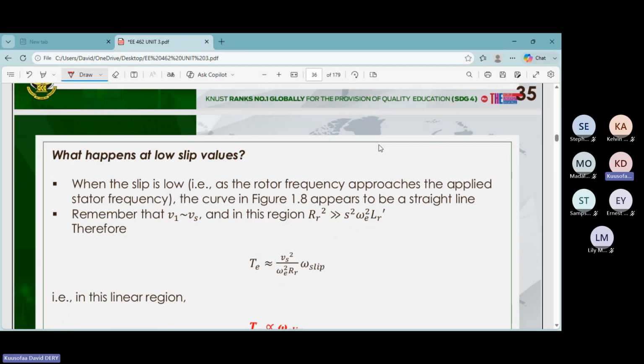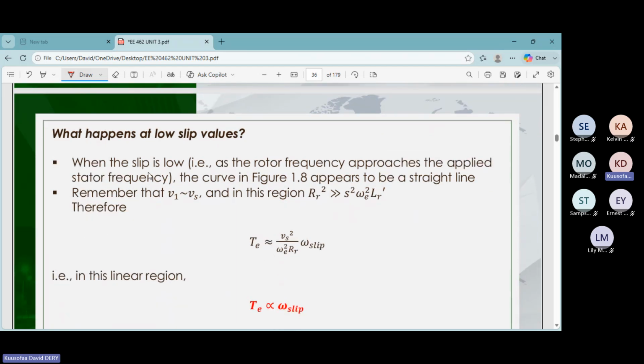So let's do the analysis. When the slip is low, the rotor frequency approaches the applied stator frequency. So that is where the slip is very small. I've shown you where it will be, and in the figure that we just looked at, it appears to be a straight line. That is what we need to take note of.